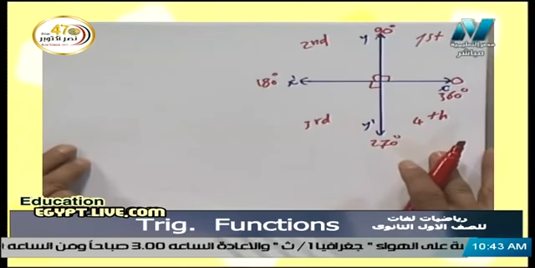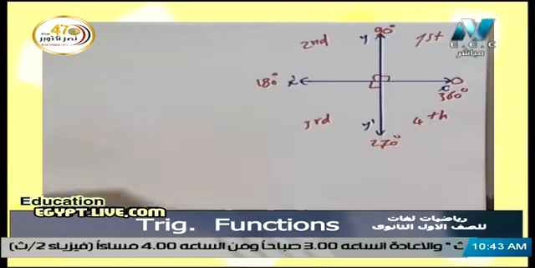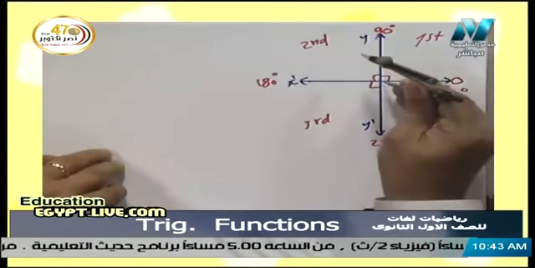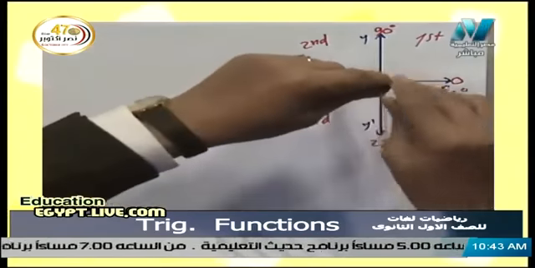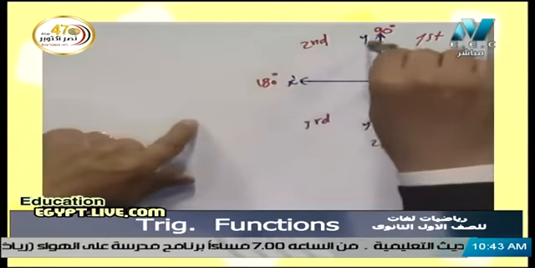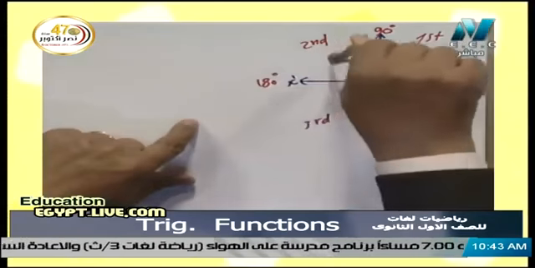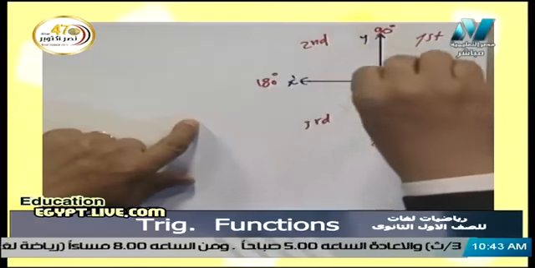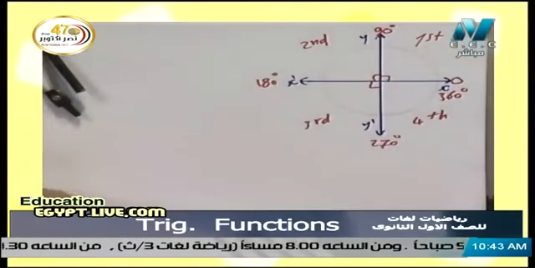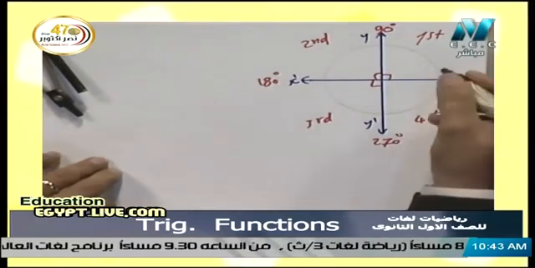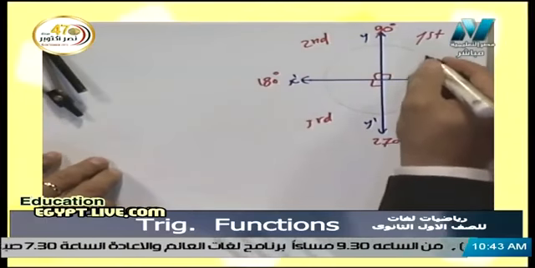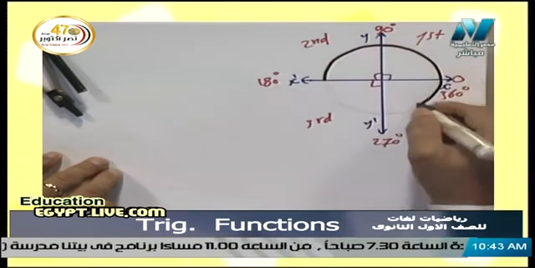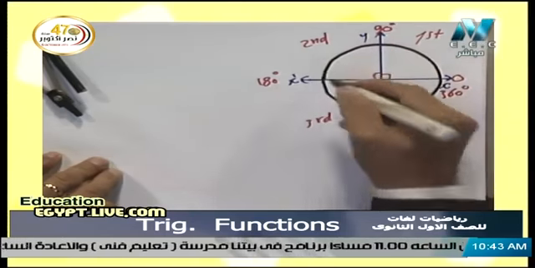We know that in the unit circle, remember that its center is the origin point and its radius is a unit. Unit, as we said, means 1 centimeter or 1 meter. So we have a unit circle. Its center is the origin point and its radius length equals 1 unit.